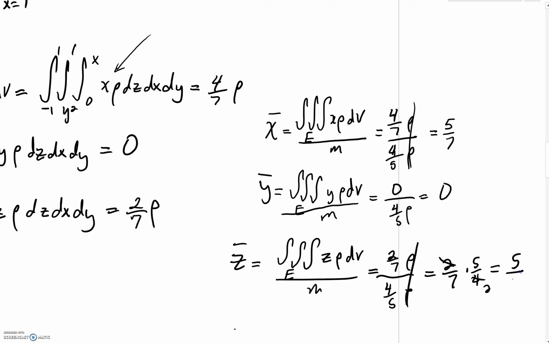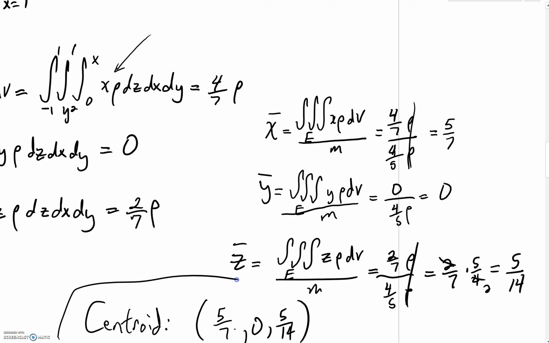It looks like we'll have 5/14. So what's our centroid? Well, our centroid, because our rho is constant, because we have a constant density, we can very quickly and nicely get our final answer.